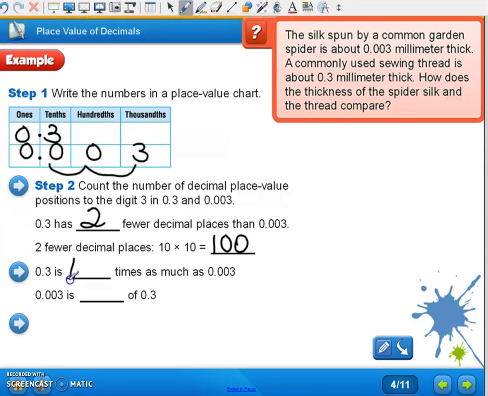So it is 100 times as much as 3 thousandths. And 3 thousandths is what of 3/10? We did this yesterday. Remember, we had to use the 1/100, not 1/10, 1/100th. If this is 100 times bigger, then this has to be 1/100 of it.